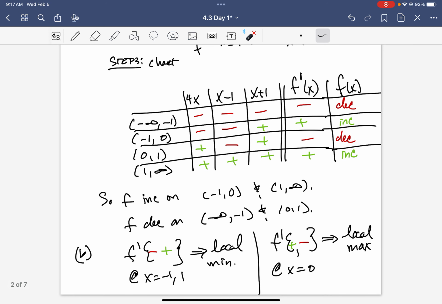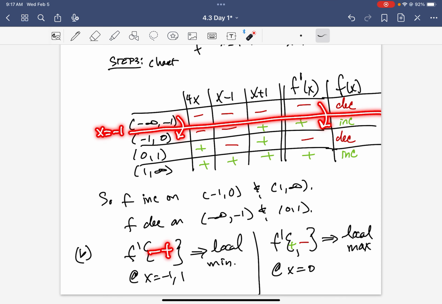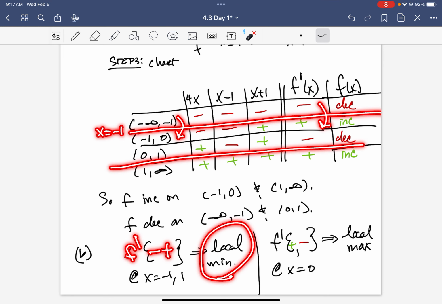So then when I look at my chart, I notice that here at the point negative 1, when I go from this interval to this interval at x equals negative 1, which is in between them, I go from negative to positive. The derivative goes from negative to positive, that means I have a local minimum. And notice that that happens at negative 1 and at 1.